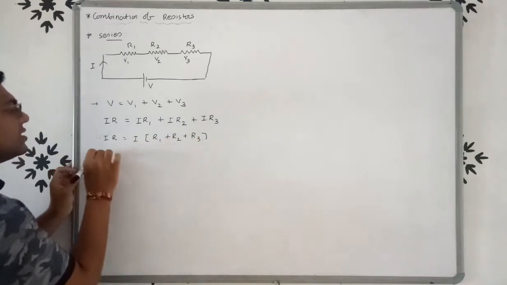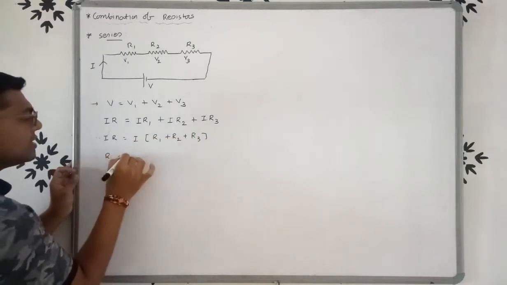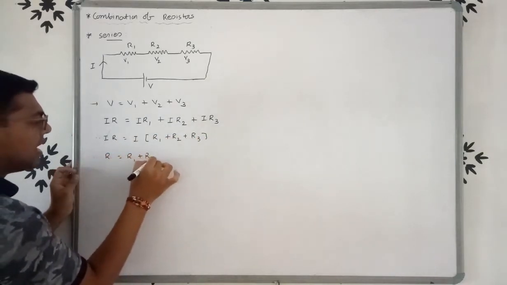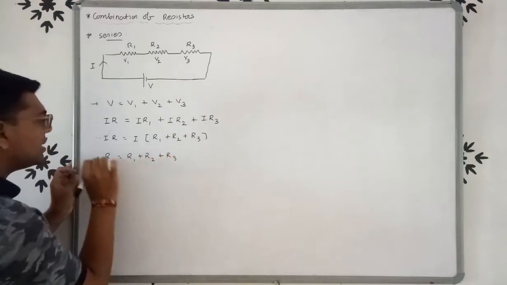Here I cancels, so R equals R1 plus R2 plus R3.